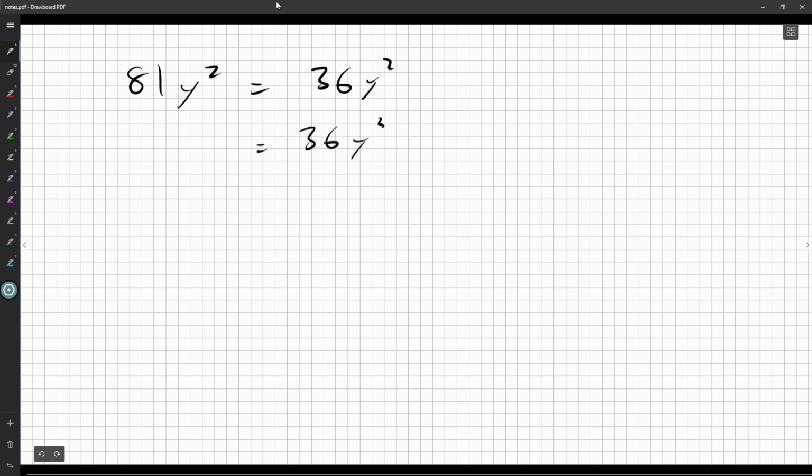Okay, let's take these two and subtract them from each other so that we get rid of that 36y squared that's in both of them. We can expand it out: 81 plus 18x plus x squared.